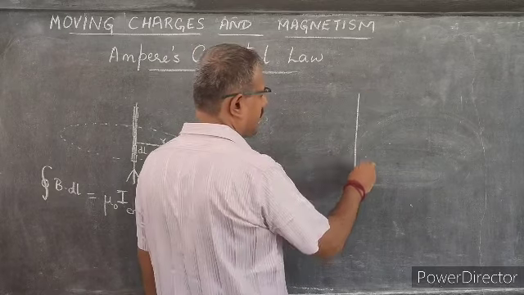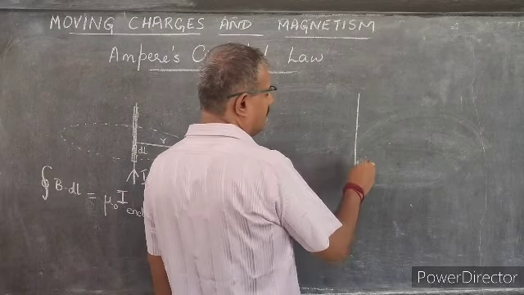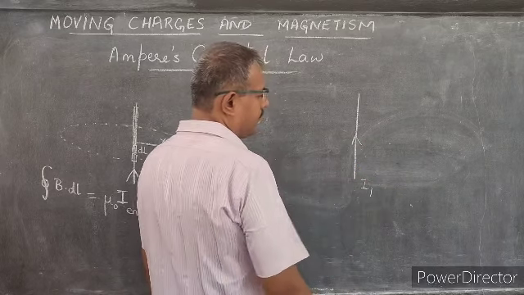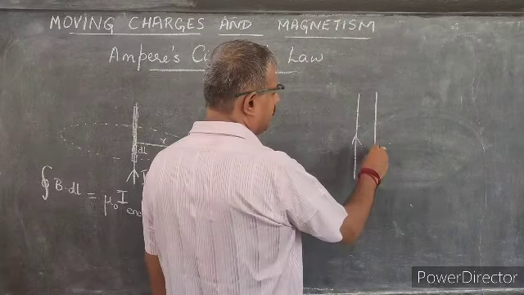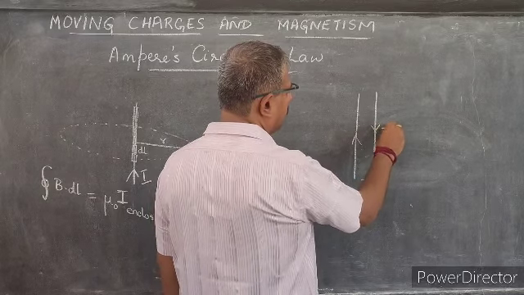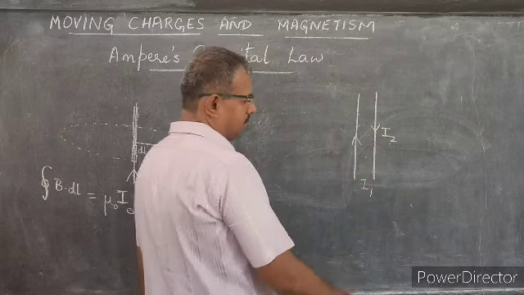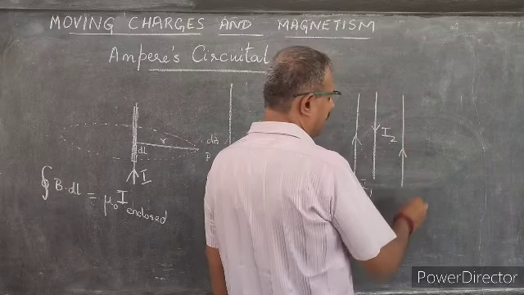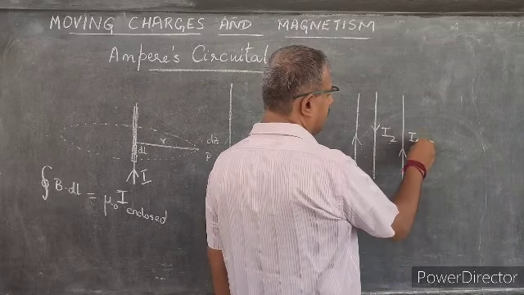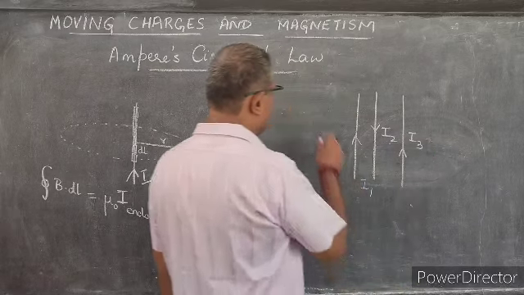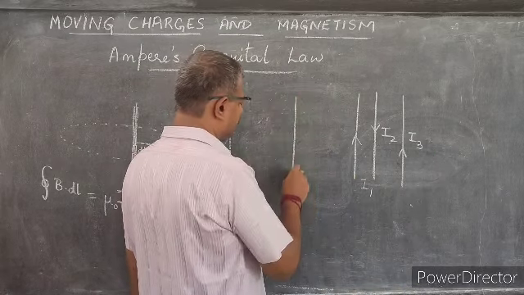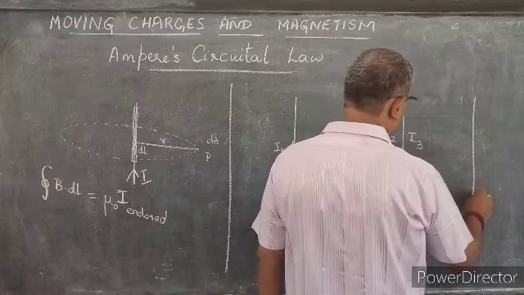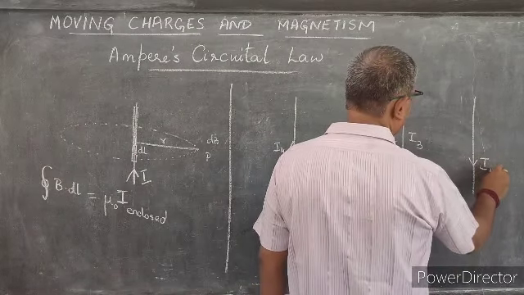Let's say there is a current carrying conductor which is carrying a current I1. There is yet another conductor which is carrying a current I2 in the opposite direction. And there is a third conductor that's carrying another current, let's say I3. And there's one more current carrying conductor, I4, and there's yet one more carrying current I5.